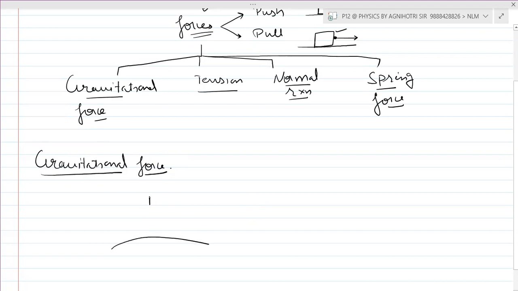It's like you have placed the body over there, okay? Its mass is m, and this is your earth. And this earth is pulling this body towards its center. So this gravitational force is basically mg, which you call the weight.